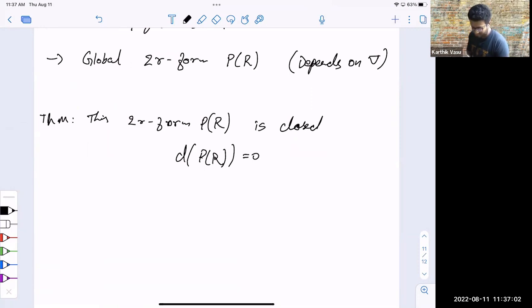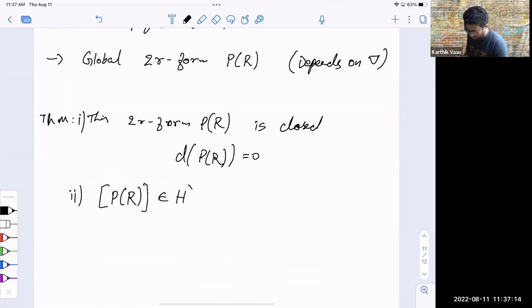What that means is this will define a cohomology class, in the de Rham cohomology. Never mind, forget that. Just in the cohomology of M, this will give me a class because it's closed.